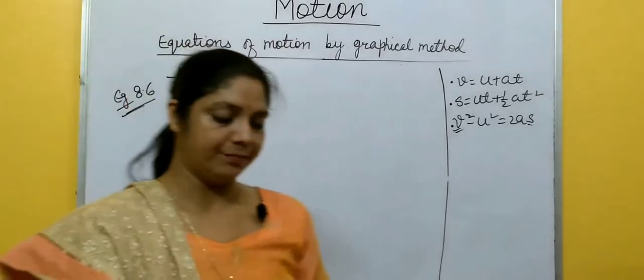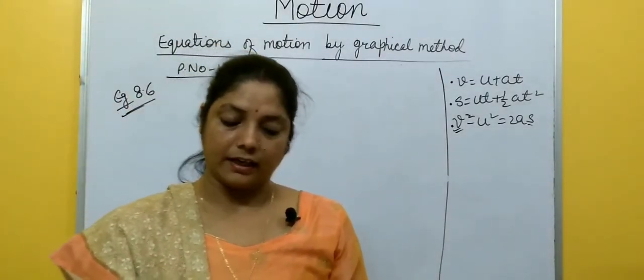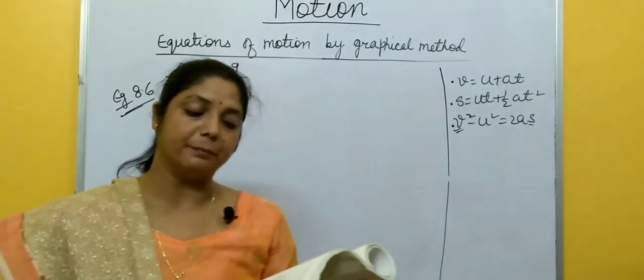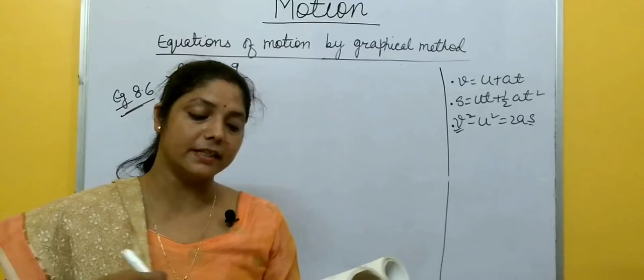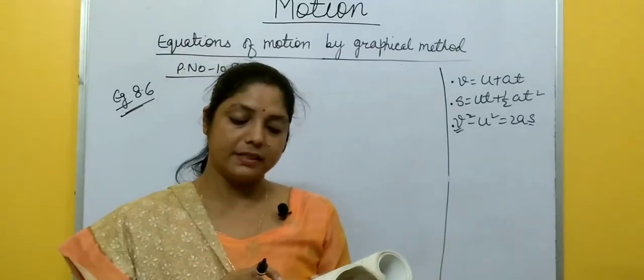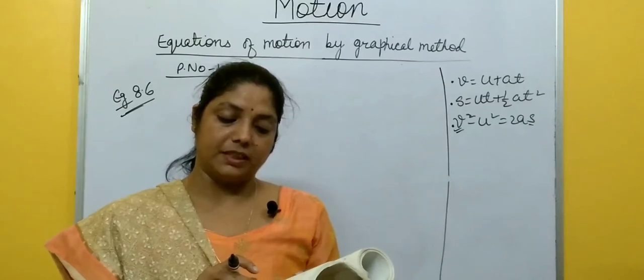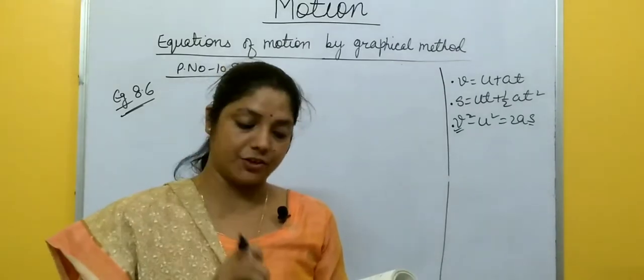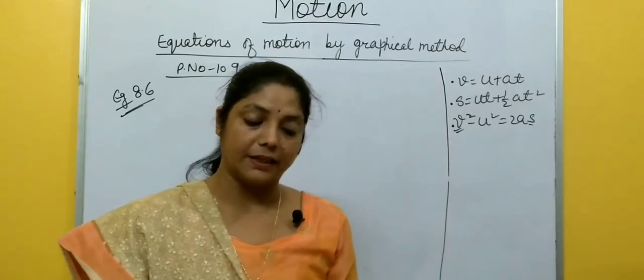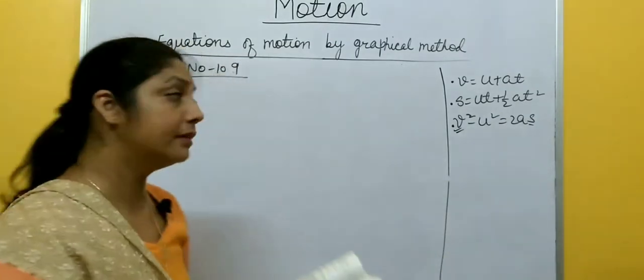In this question, it is given that a car accelerates uniformly from 18 km per hour to 36 km per hour in 5 seconds. It means this car has some acceleration and its velocity changes from 18 km per hour to 36 km per hour.